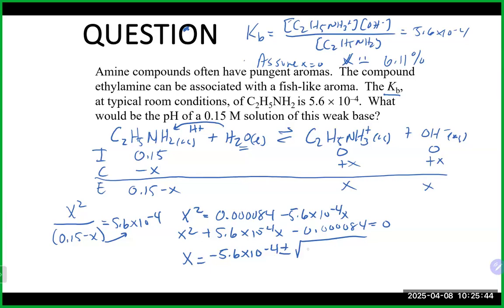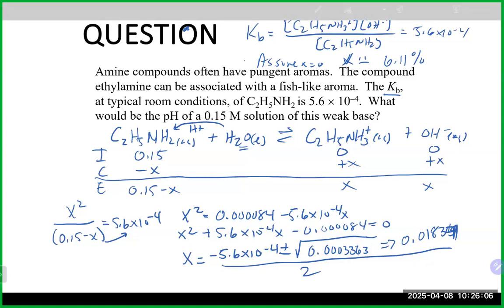It's going to get you something like 0.00003363-ish inside the square root. If you take the square root, you get something like 0.01833, or maybe 4. All divided by 2 times 1, which is 2.